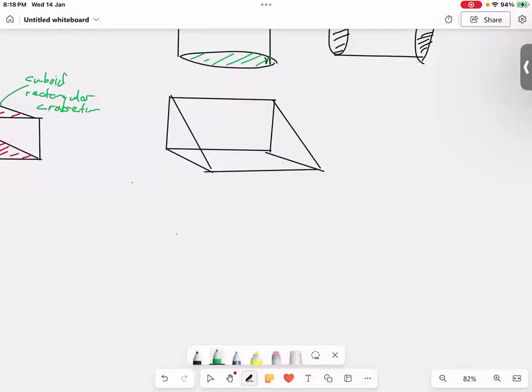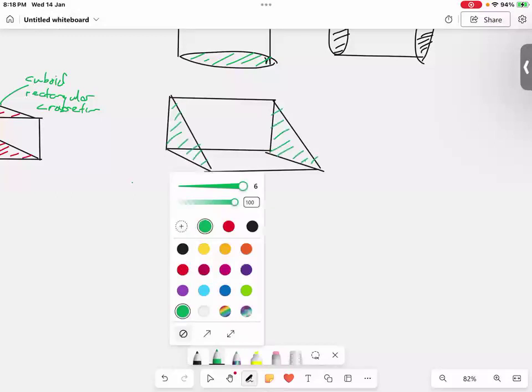So that is what we call a triangular prism. And again, as you can see, this triangular prism has a right angle triangle as its cross section. I'm going to ensure that I put a little red marker down here. That's 90 degrees here, and that's 90 degrees there.